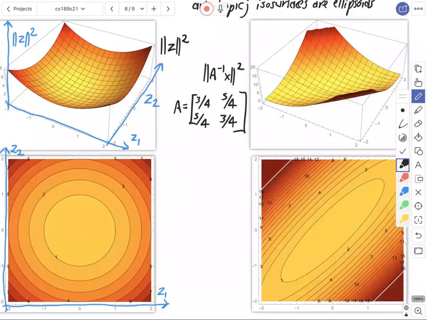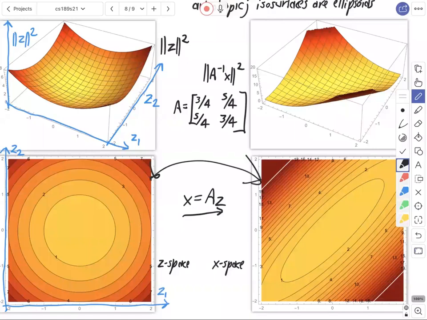And we want to think of the graphs on the left as being in Z space and the ones on the right as being in X space, where there's a transformation X equals A times Z. So if you have this identity X equals A times Z, then in essence, these two graphs are both graphs of the same function, sort of, except in a different space in each case.